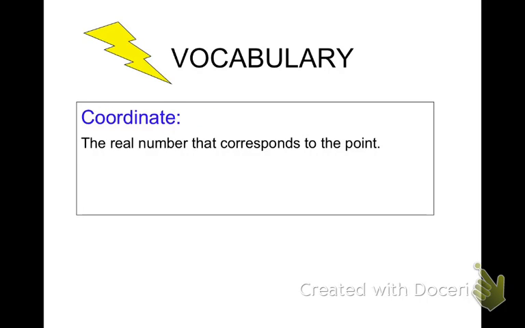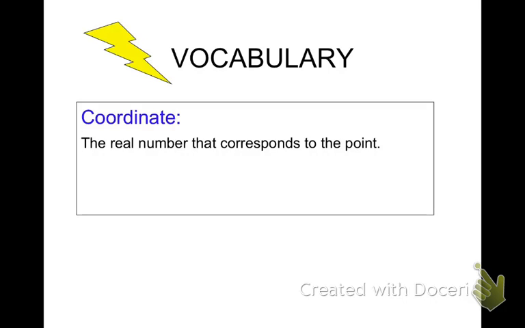So for your coordinate definition, please write: the real number that corresponds to the point. Okay, so your coordinate is the real number that corresponds to the point.